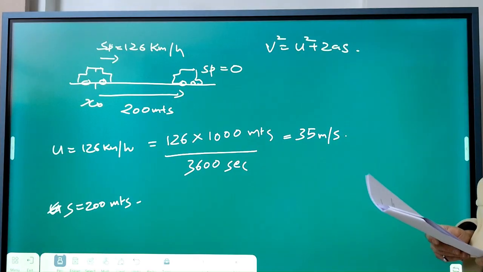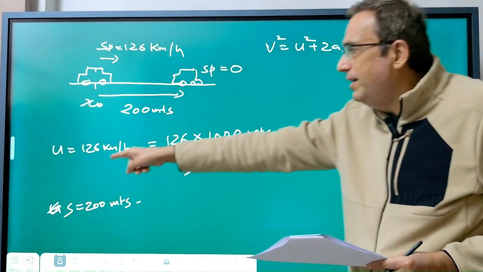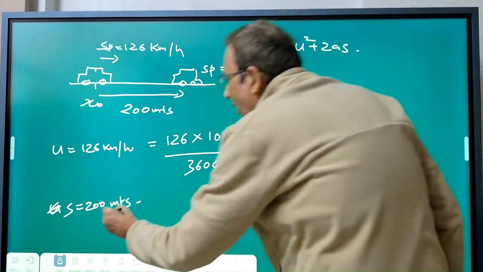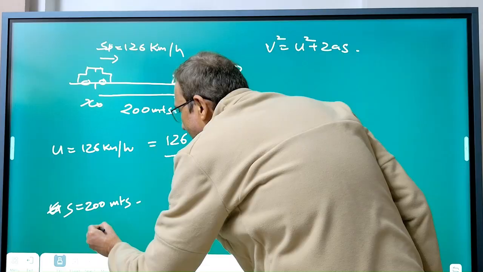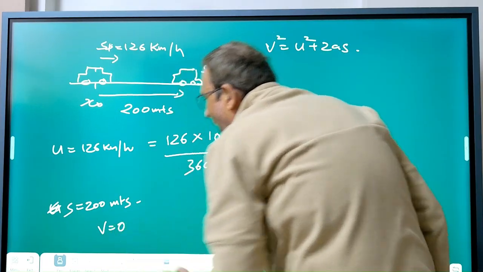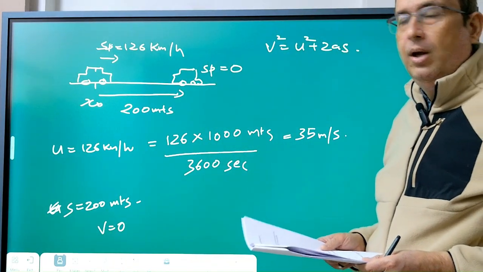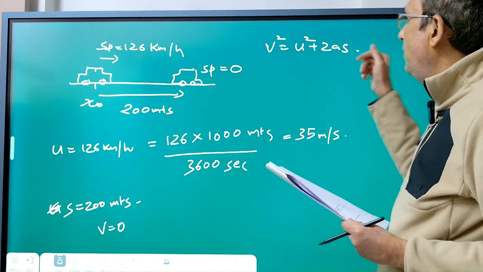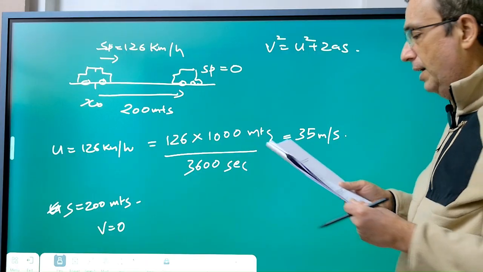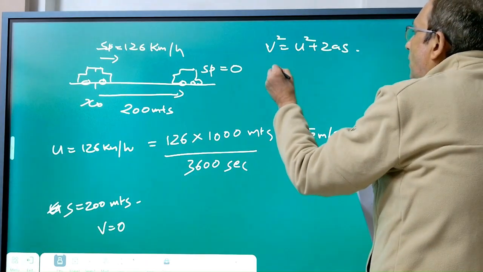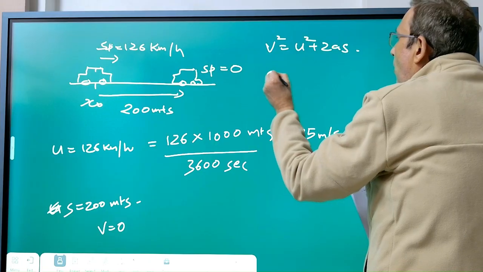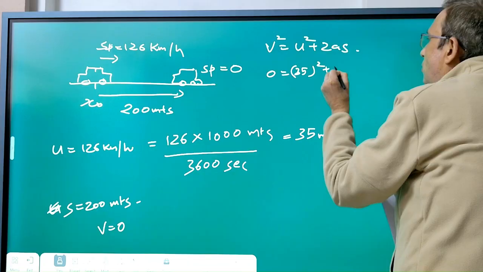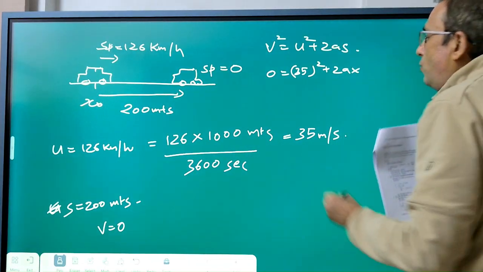You know u as it is given here, and you also know v. After covering 200 meters, v becomes 0. The final velocity becomes 0. So v is known, u is known, then you have to calculate a. Then what will you do? You will use this equation: 0 is equal to 35 square plus 2a, and s is 200 meters.